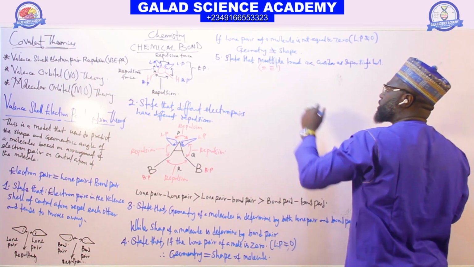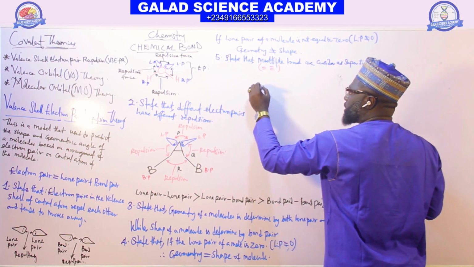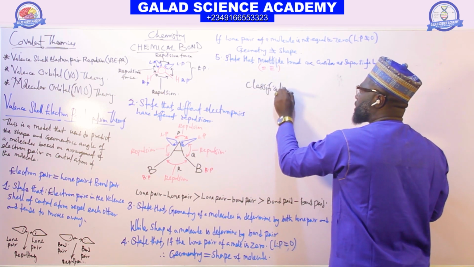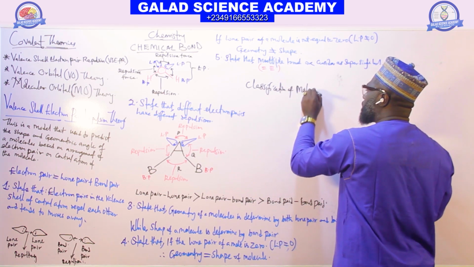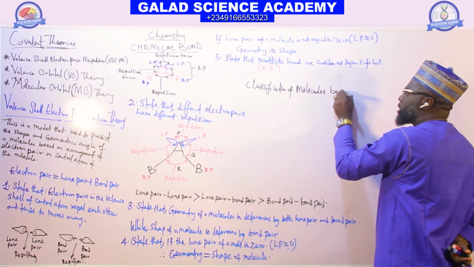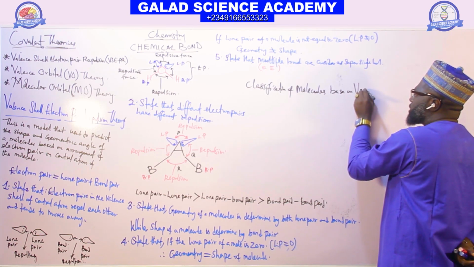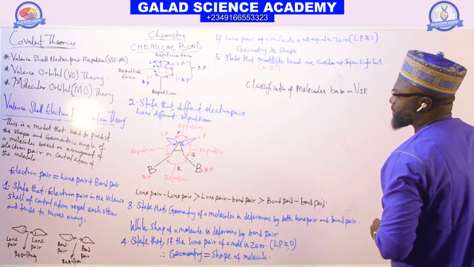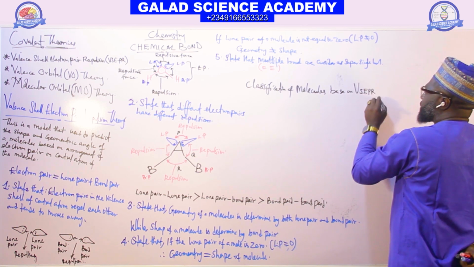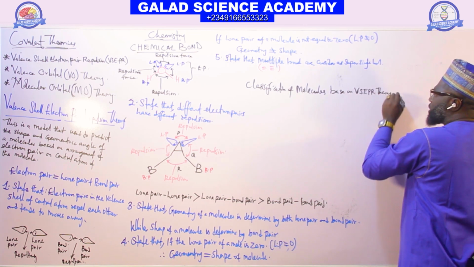According to VSEPR theory, it is a classification of molecules based on valence shell electron pair repulsion theory.